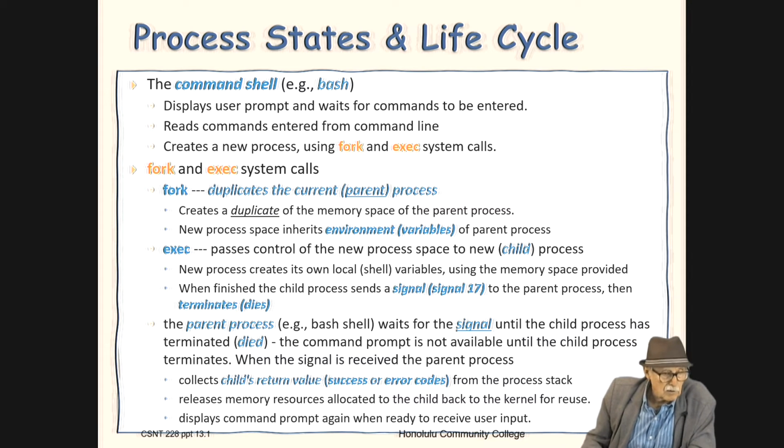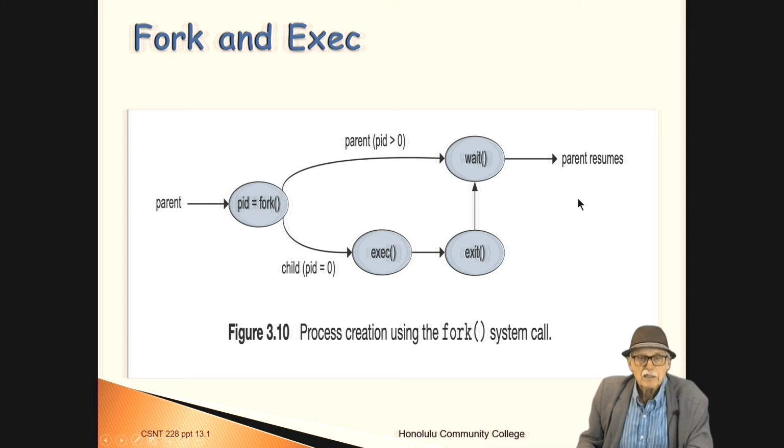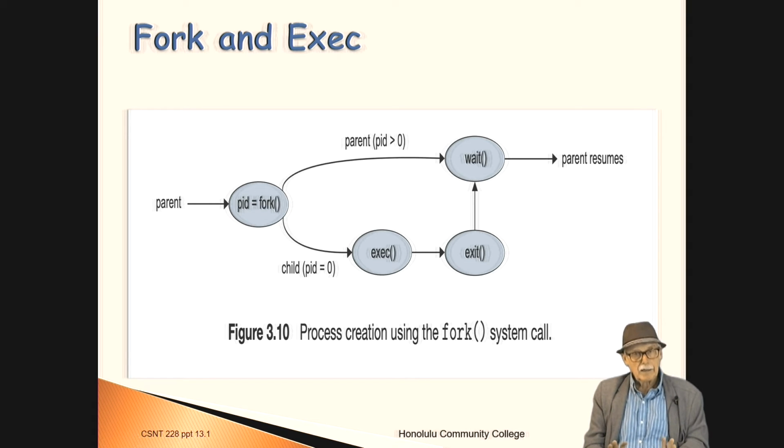So let's take a look now. I think I put a picture in here. Okay, here it is. Here's an example. Here's our parent process, the bash shell. Let's say I run a command, the top command.